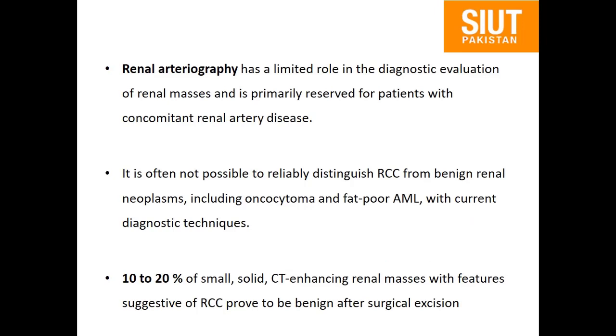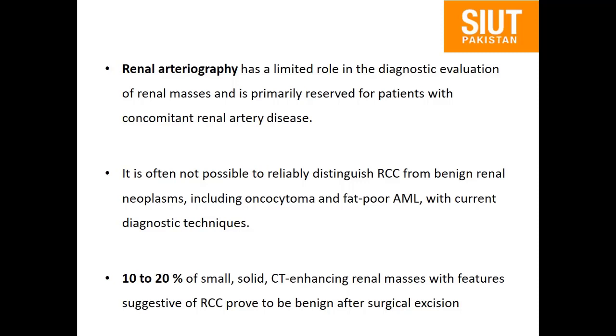Another modality we have is renal arteriography, but it's only reserved for patients who have concomitant renal artery disease as well. It is often not possible to reliably distinguish RCC from benign renal neoplasms, including oncocytoma and fat-poor AML. So 10 to 20% of the small solid CT-enhancing renal masses with features suggestive of RCC prove to be benign after surgical excision.